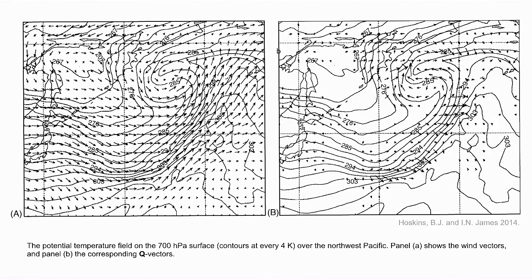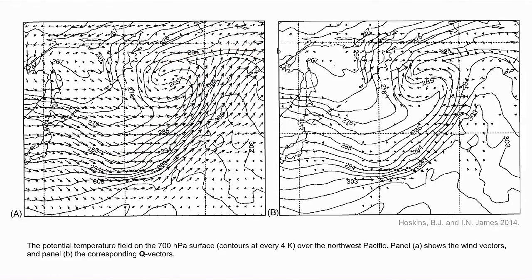On the right-hand side, it's the temperature at 700 millibars and the Q vectors. I'm hoping that you recognise a cold front through here. These solid lines are isentropes, lines of constant potential temperature, or lines of constant B, same thing. And here's the cold front through there. There's the warm front back there.